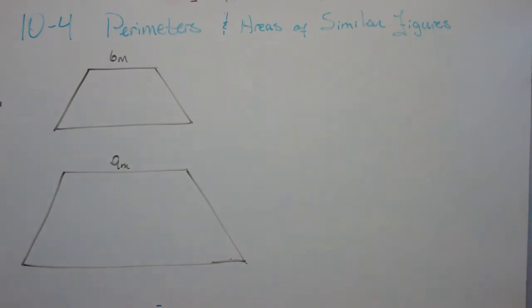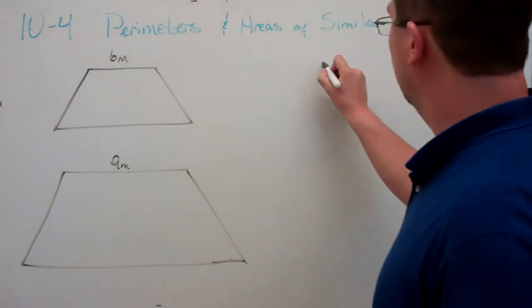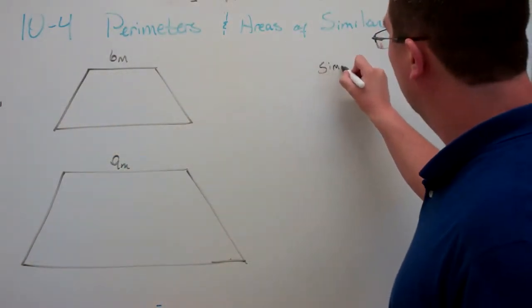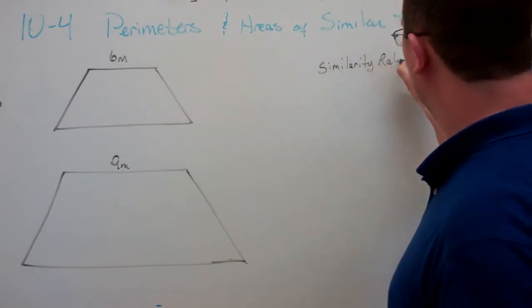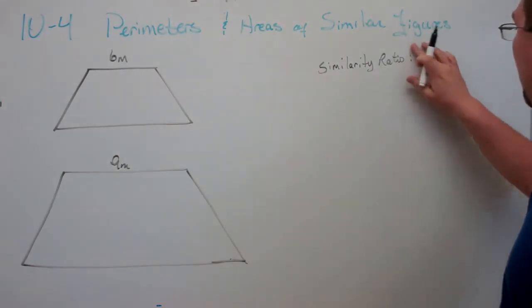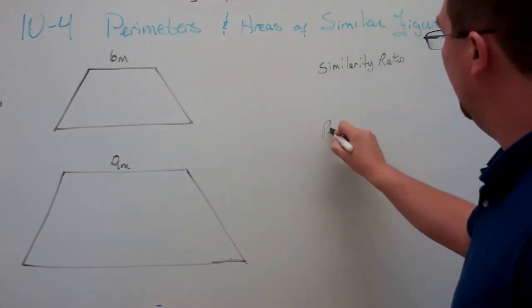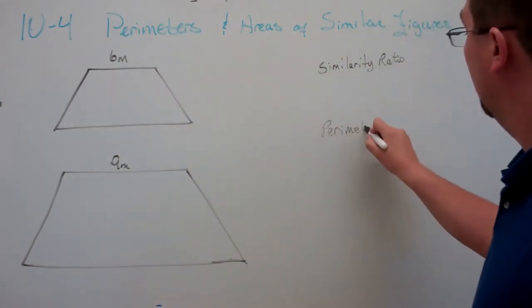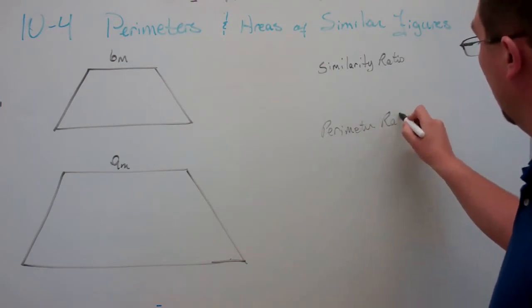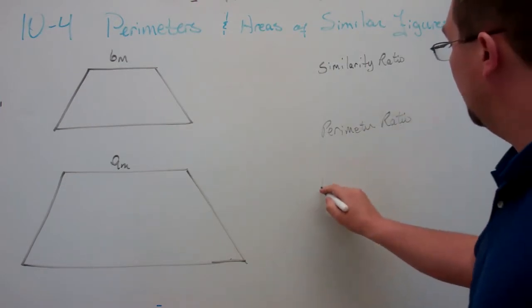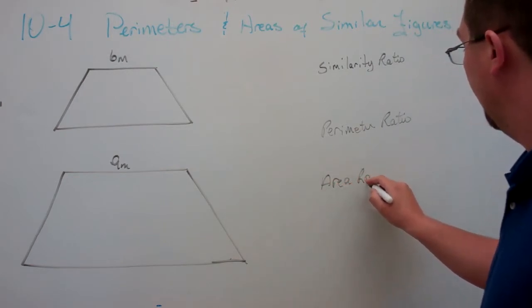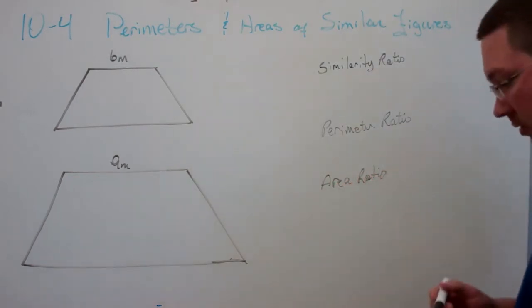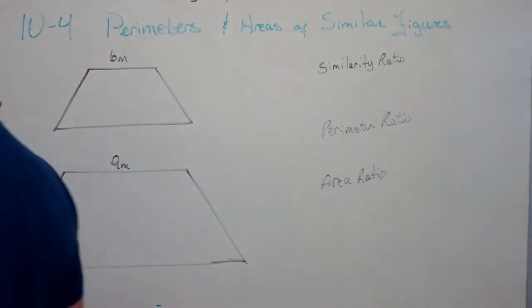So I want to find the similarity ratio, the perimeter ratio, and the area ratio. Alright, so I want to find all three ratios.